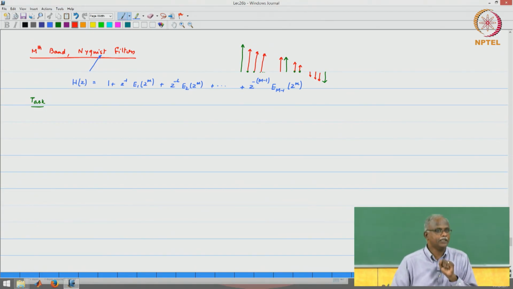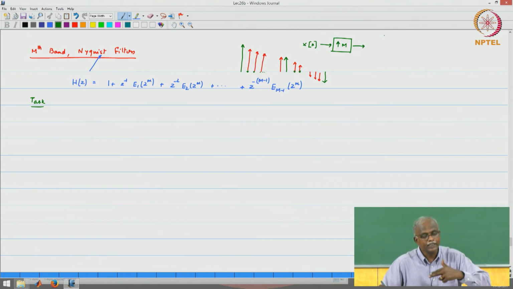That is a very important result. So if the green was the input signal, x of n went in, got upsampled by a factor of M, and then went through the interpolation filter, then you get the complete signal.